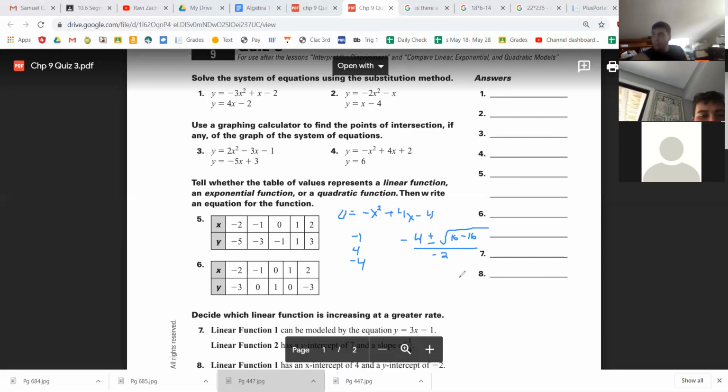Wait, the formula is negative b, right? Negative b plus or minus the square root of b squared minus 4ac, all over 2a.